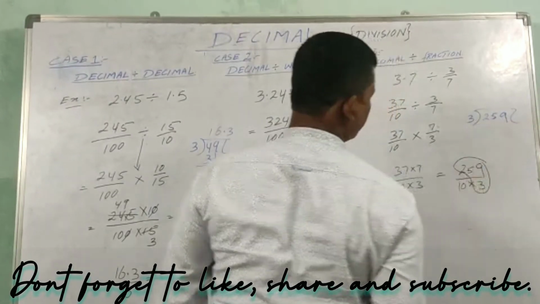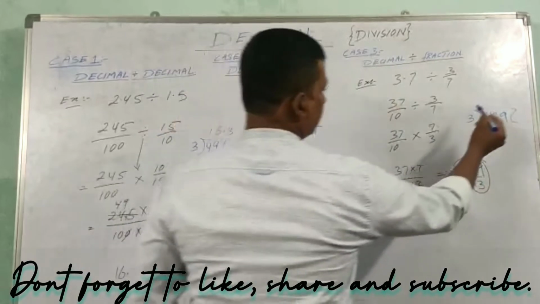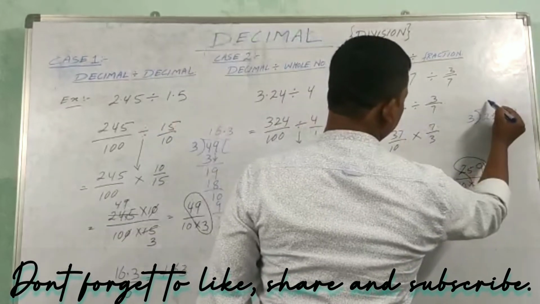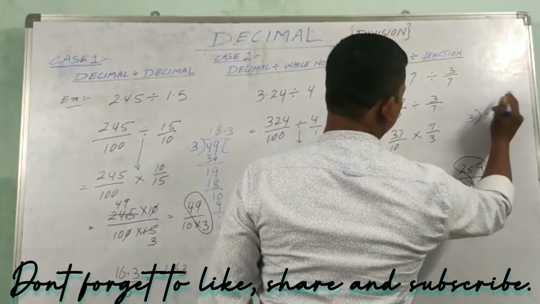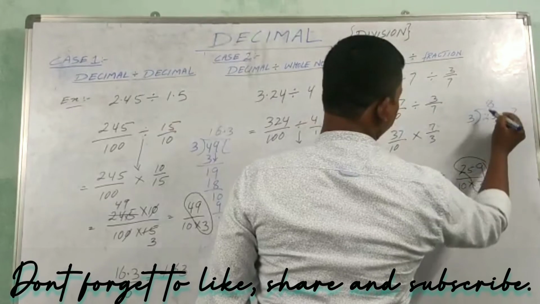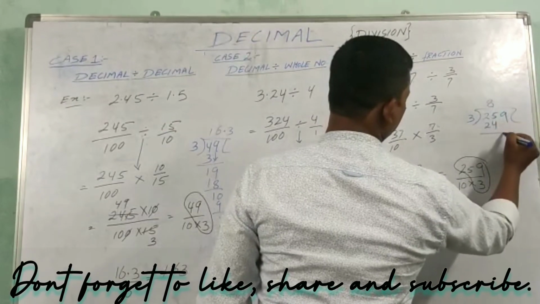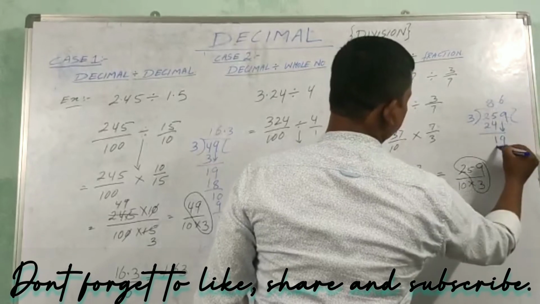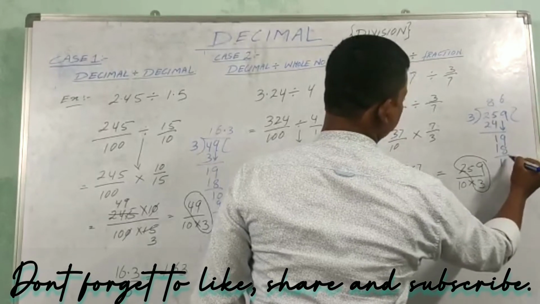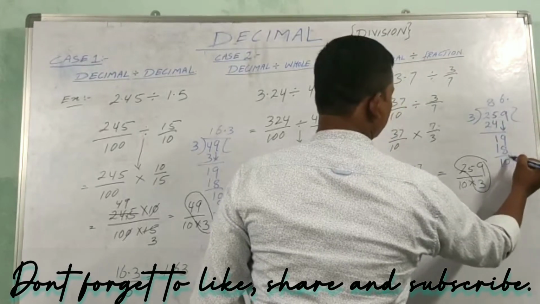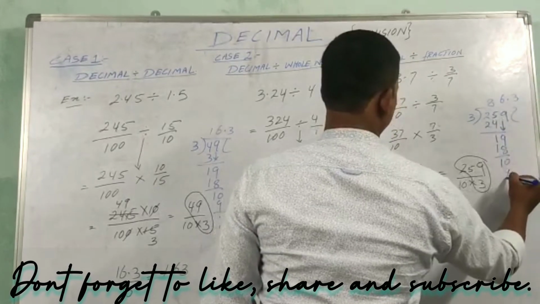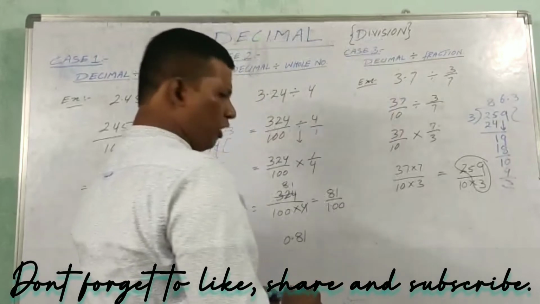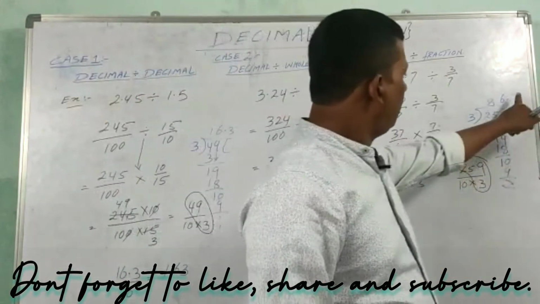Since 2 is not possible in the 3 table, we will take 2 digits. 3 8s are 24, 1 9 carry. 3 6s are 18, 1 not possible, 0. 3 3s are 9. Leave it. So after the decimal point I am taking only one digit.